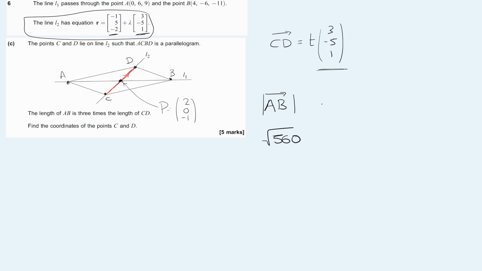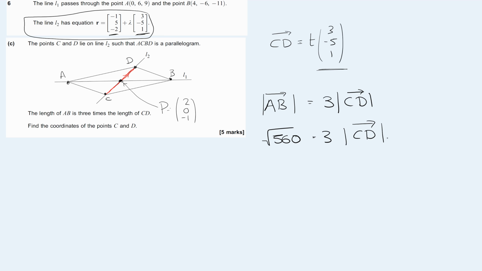Now we're told that is 3 times the length of CD. So that is 3 times CD. Okay, and I'm not going to scroll back again, but you can look back at your notes and you'll see that CD is root 35, or the magnitude of CD is root 35.